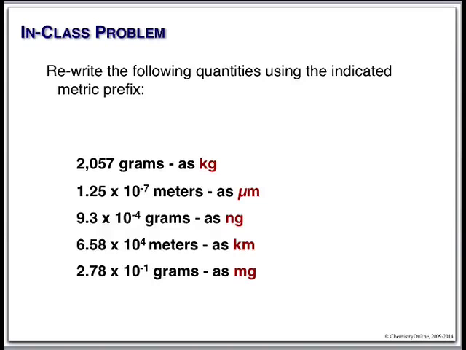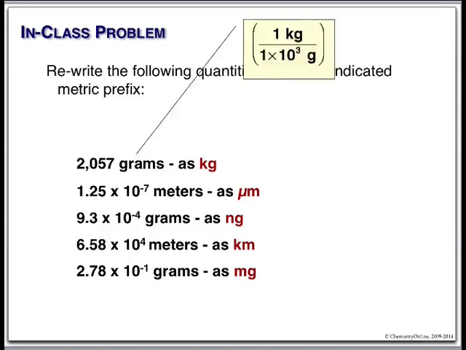Our first one here, we want to go grams to kilogram. Our given is grams, right? We know that kilo, K, is 10 to the third. We must set up a ratio that has grams in our denominator and kilograms in our numerator. One of the ratios that will work is this: 1 kilogram is the same as 10 to the third grams.